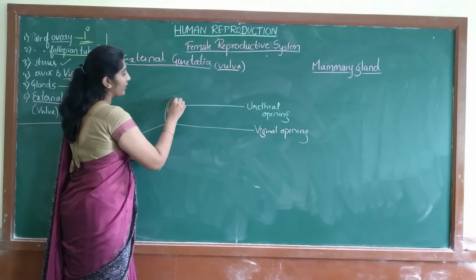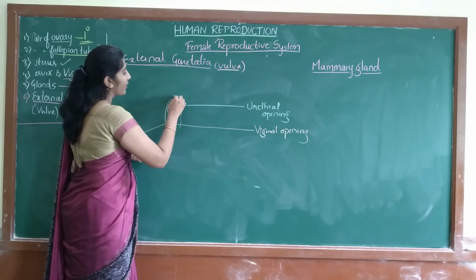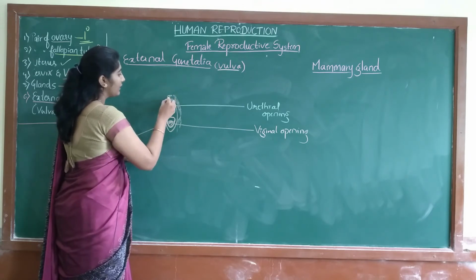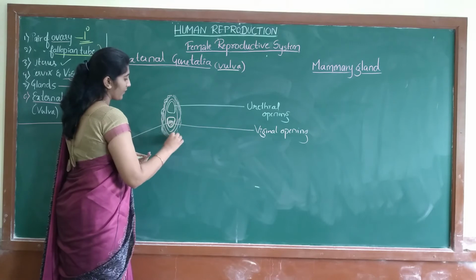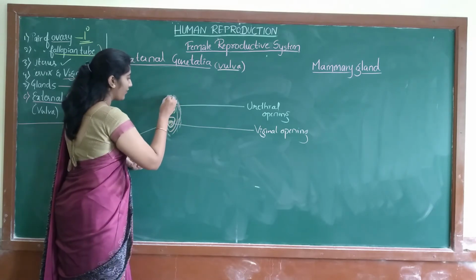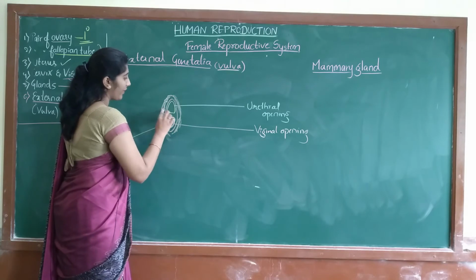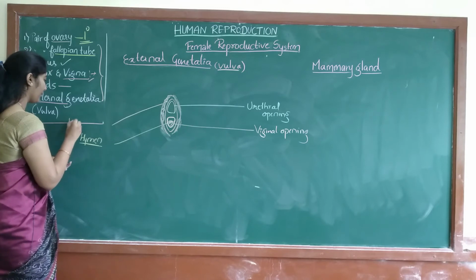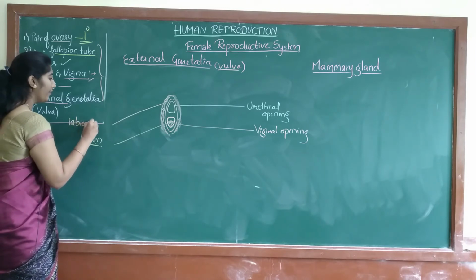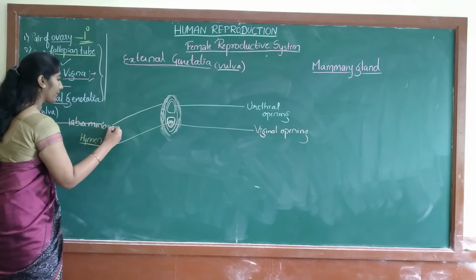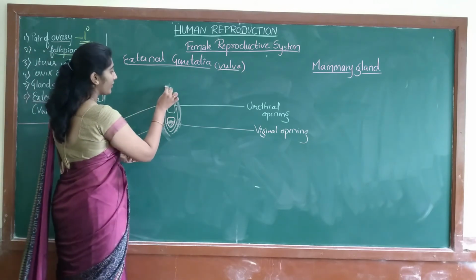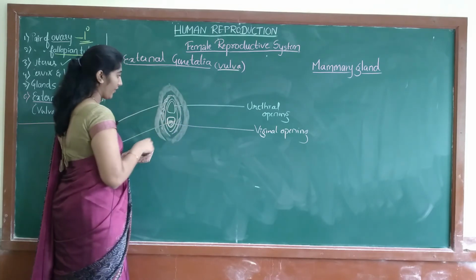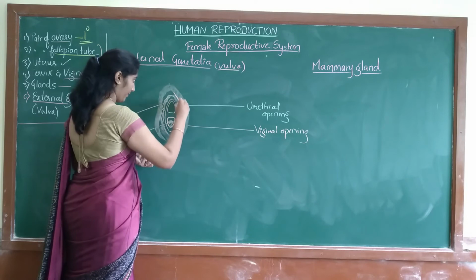This vestibule is covered with thin tissue. A smaller flap covering, a paired covering, is called the labia minora, above which there is one more tissue covering.